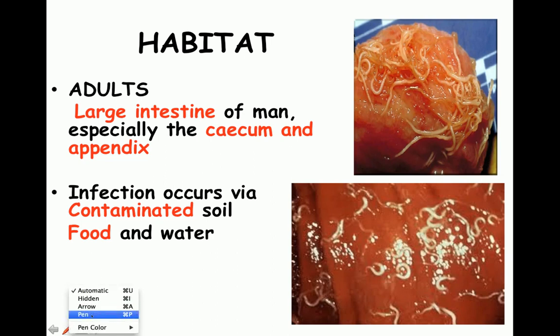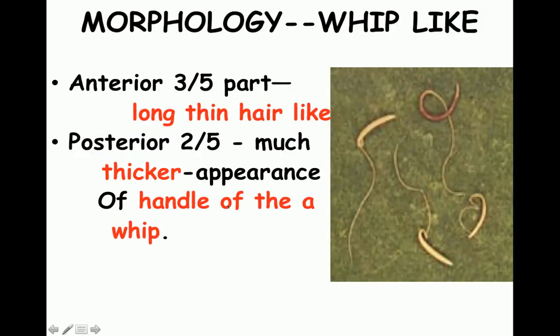And if you look at this picture, you can see that this parasite is attached to the intestinal mucosa, or as you can see over here, this is a very nice picture showing you a large number of these parasites attached to the intestinal mucosa. And infection occurs through the fecal oral route, that is when water and food become contaminated by the eggs of this parasite.